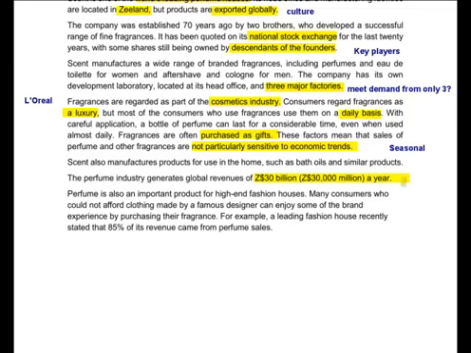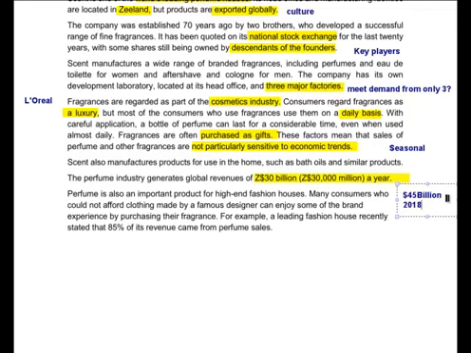In fact, the perfume industry is expected to grow to about 45 billion by 2018. So yeah, the market is only going up at the moment.